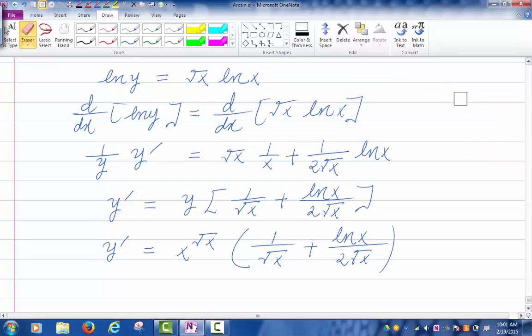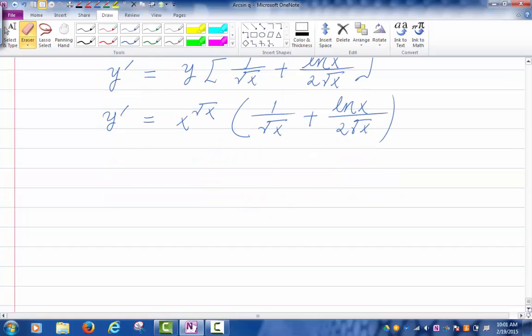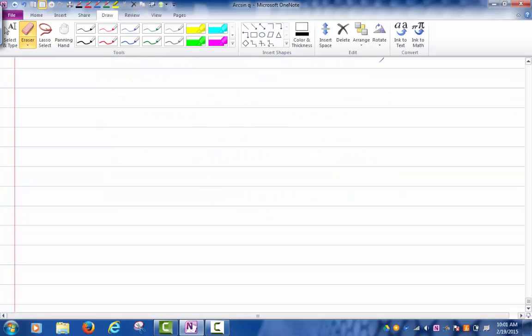One is I can remember the derivative formulas for a to the x. What's the derivative of a to the x? The derivative of a to the x is a to the x itself multiplied by ln of the base, ln of a. So what's the derivative of 5 to the x? The derivative of 5 to the x would be 5 to the x ln of 5, right?